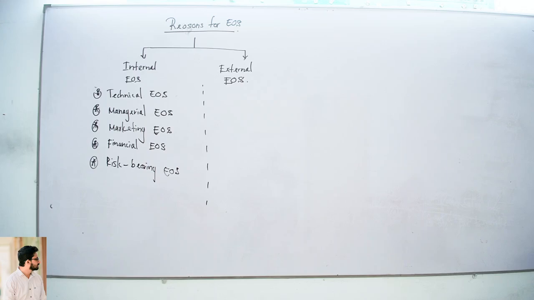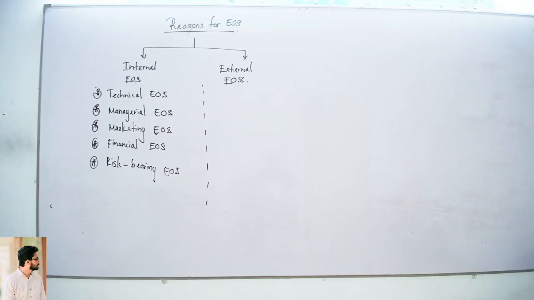Now we are discussing reasons for economies of scale: why long run average total cost falls when output is expanded. Those reasons can be divided into 2 parts, internal EOS and external EOS. Internal economies of scale are the advantages for large scale producers in the long run from expanding the individual firm itself.